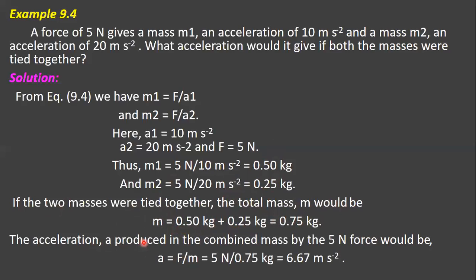The acceleration A produced in the combined mass by the 5 Newton force would be A equals F by m. From F equals m into A, you can write A equals F by m, that is 5 Newton by 0.75 kg. 5 by 0.75 equals 6.67 meter per second square.